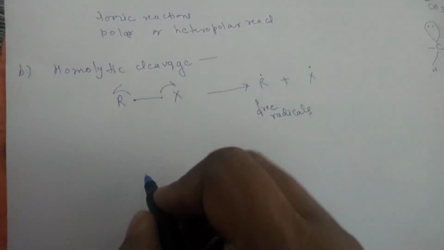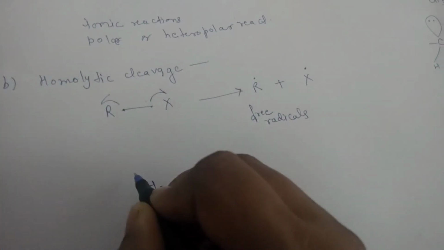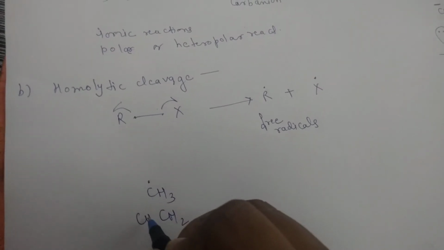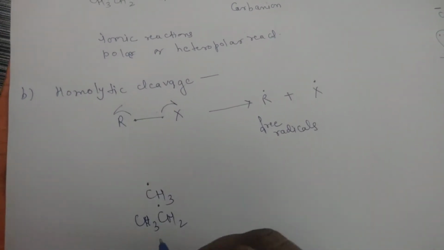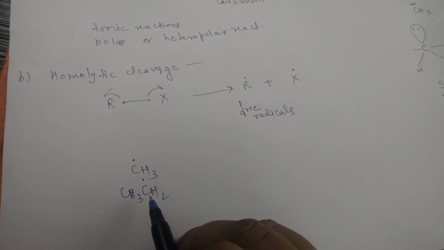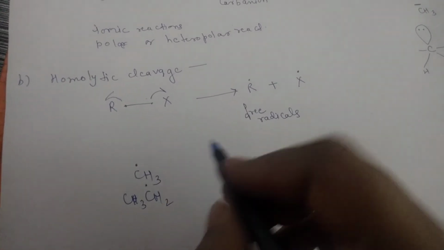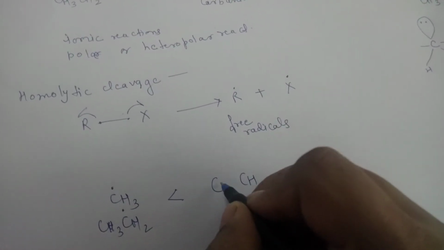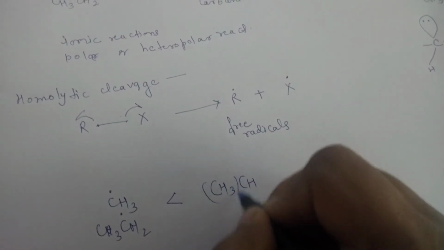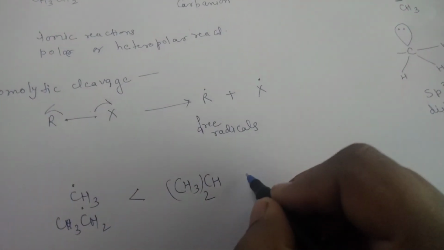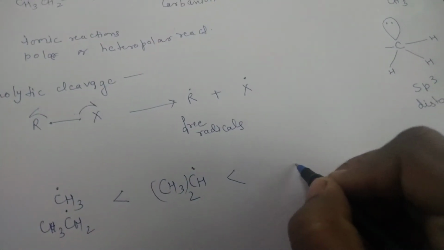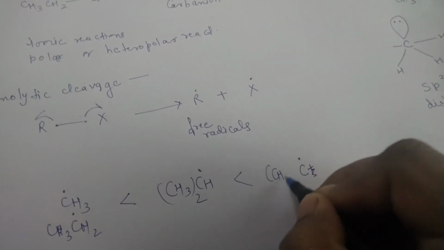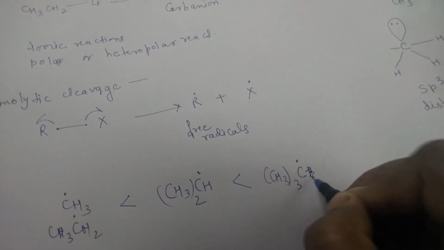Now free radicals can also be, suppose, CH3CH2. They can also be primary. Here this carbon atom is attached with only one carbon atom. This is primary. And suppose CH, attached to two other C, then it is your secondary. And if the free radical carbon is attached to three other C, then it is your tertiary.